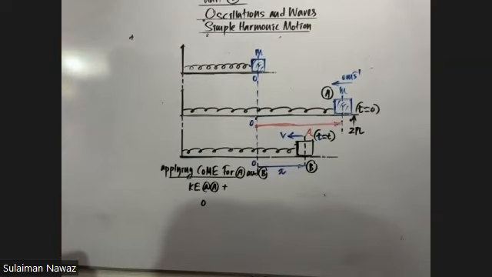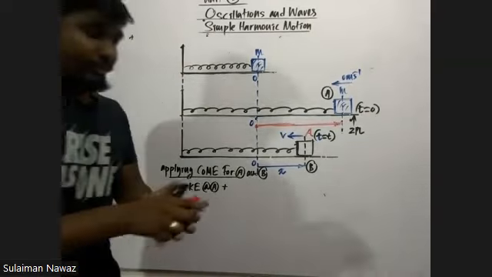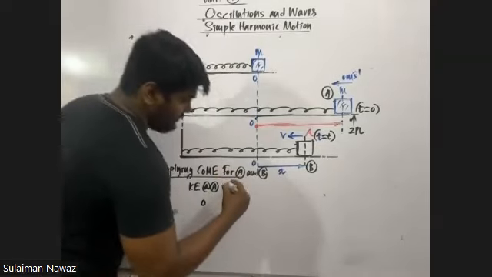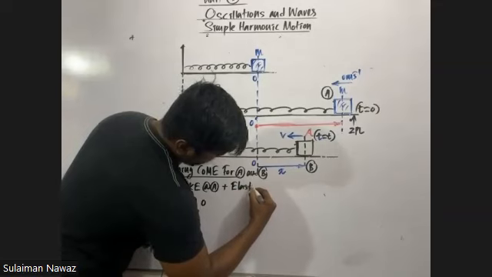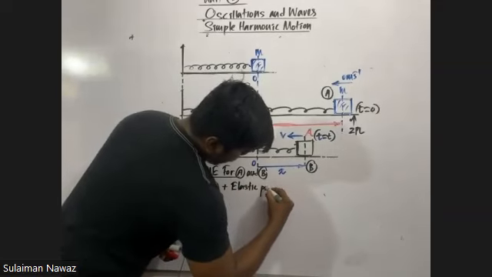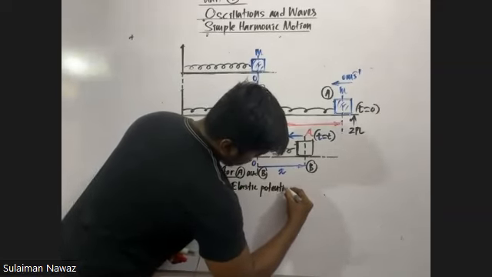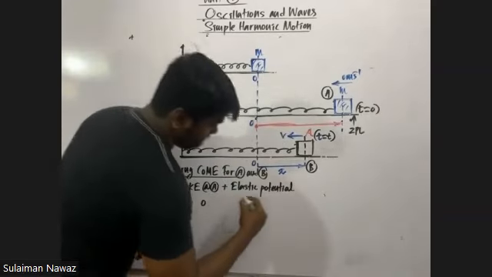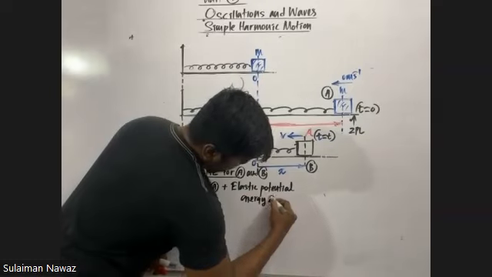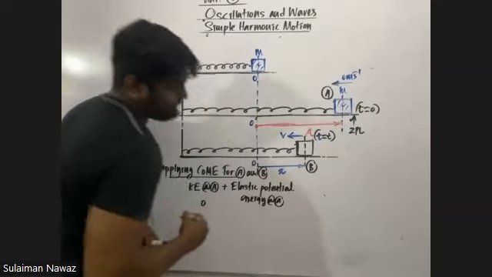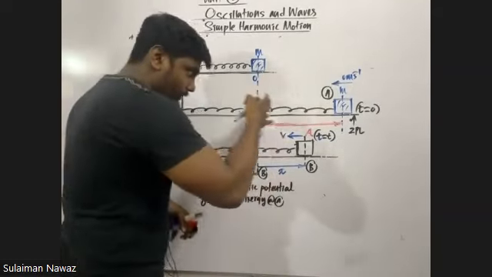That is the elastic potential energy of the spring, right? Nicely write down now: elastic potential energy at position A. Then what is the total energy?